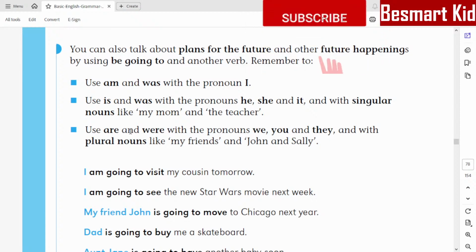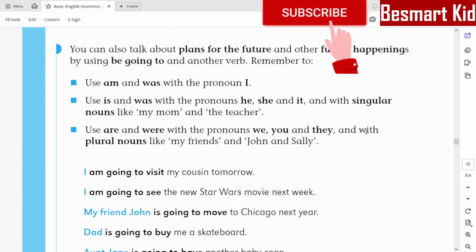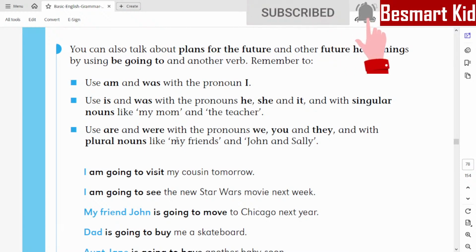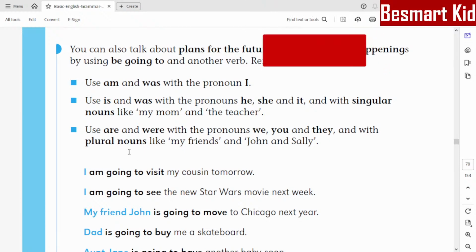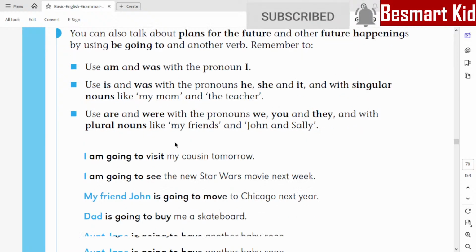Use are with the pronouns we, you, and they, with plural nouns like my friends and Johnny and Sally.